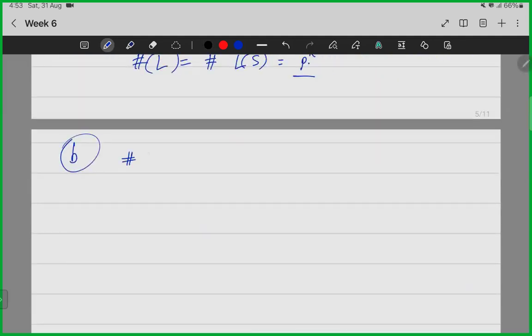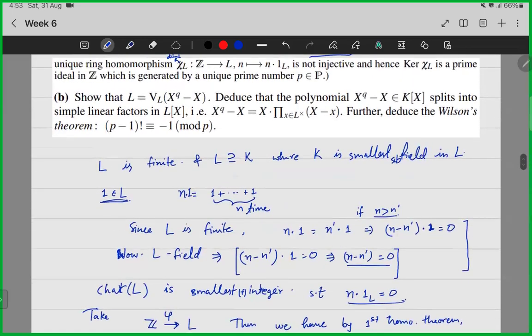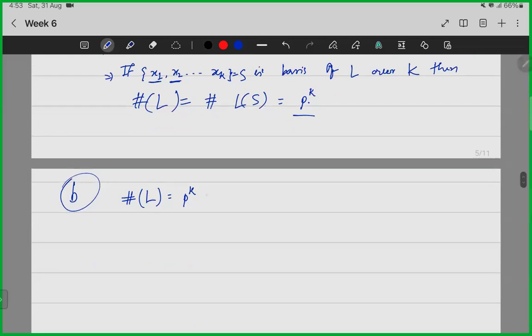Note that the order of L is equal to p power k. p power k is also denoted as q. So we have to show L is equal to the zero set of x cube minus x.